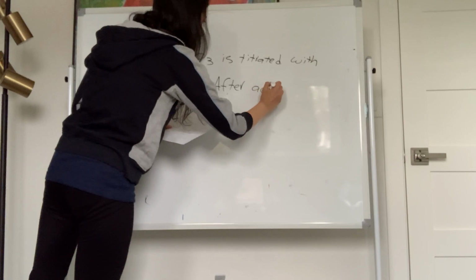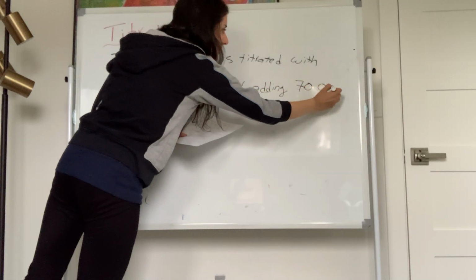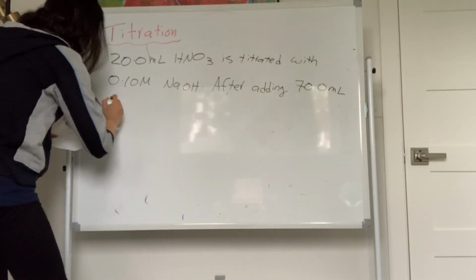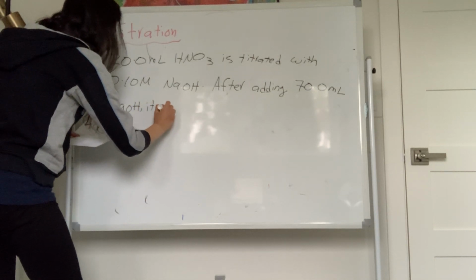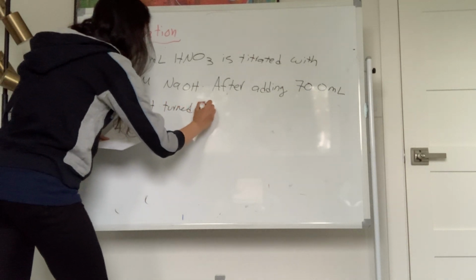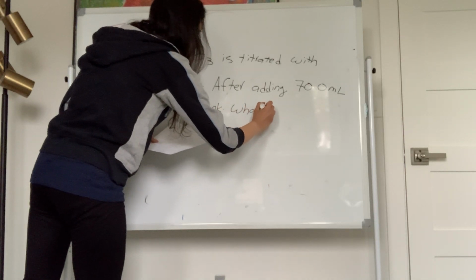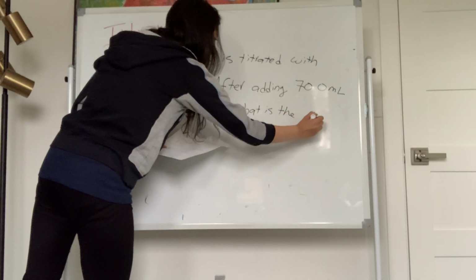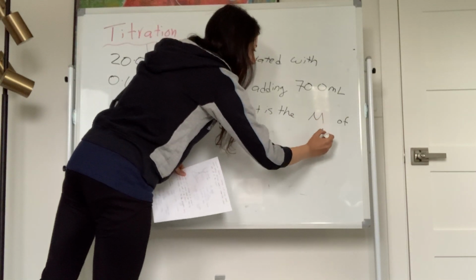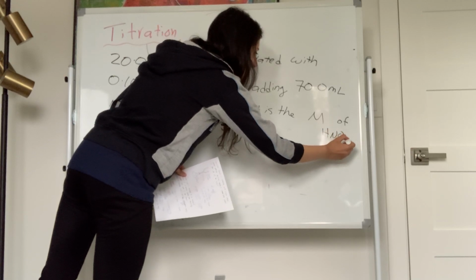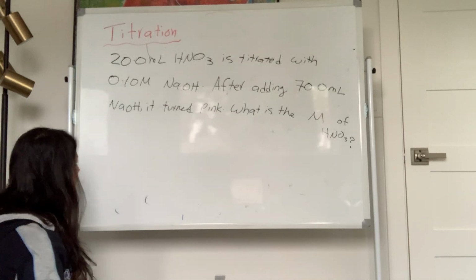After adding 70.0 ml NaOH, it turned pink. What is the molarity of nitric acid? Okay, so here is our problem.